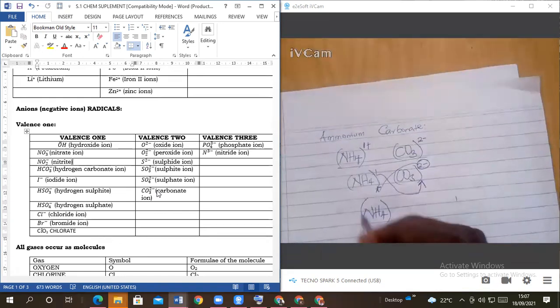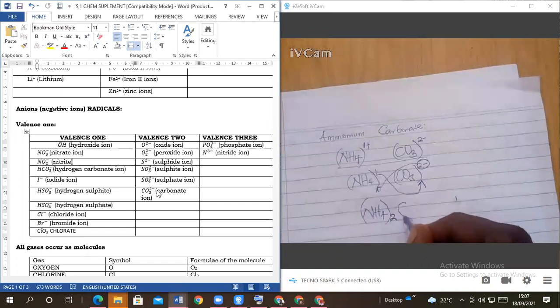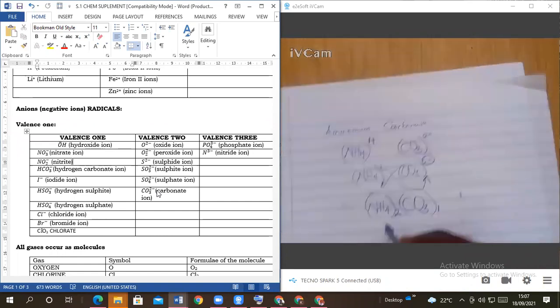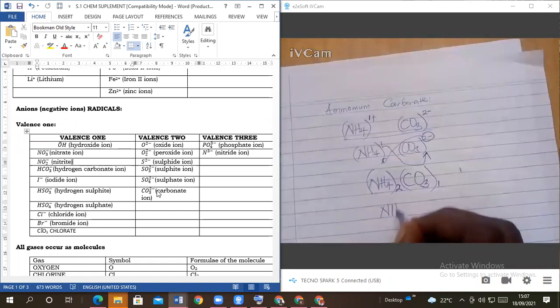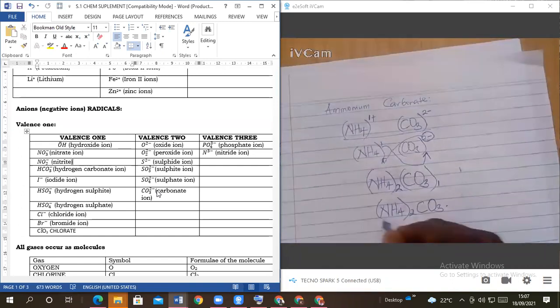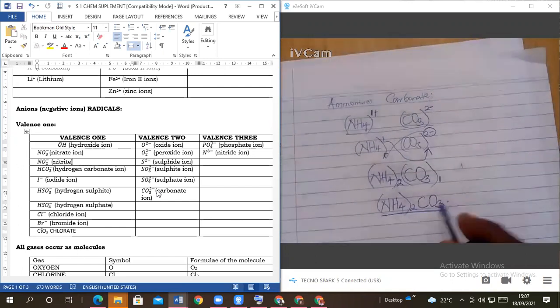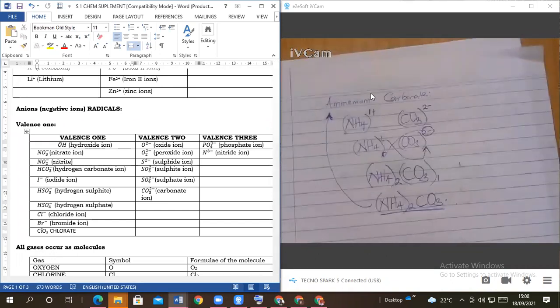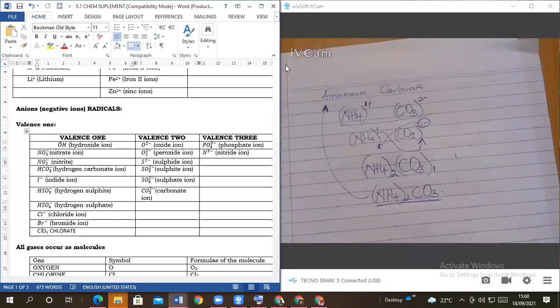So the whole of this is under one category, that is 2. Then you write carbonate CO3. Because it has 1, it just remains like that. So the whole formula becomes NH4, this is 2, CO3. That is the final compound called ammonium carbonate. Is that clear?